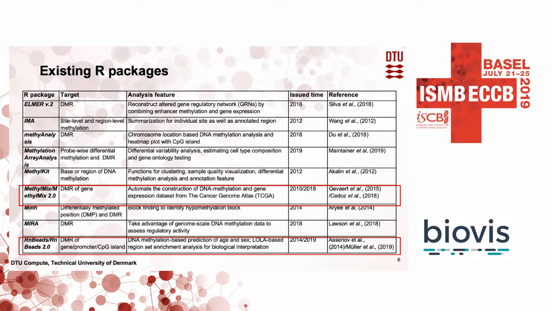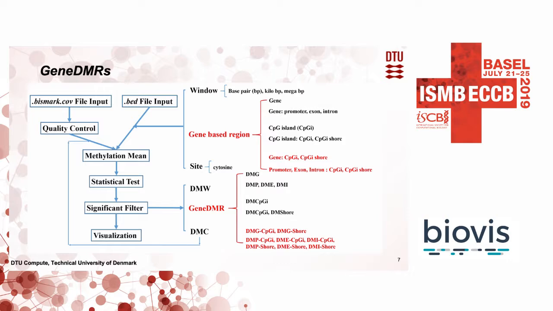But packages that can calculate the DMRs of the interactive regions between the gene bodies and the CpG islands are very rare. So here we provide a new R package, geneDMR, to calculate these interactive regions.